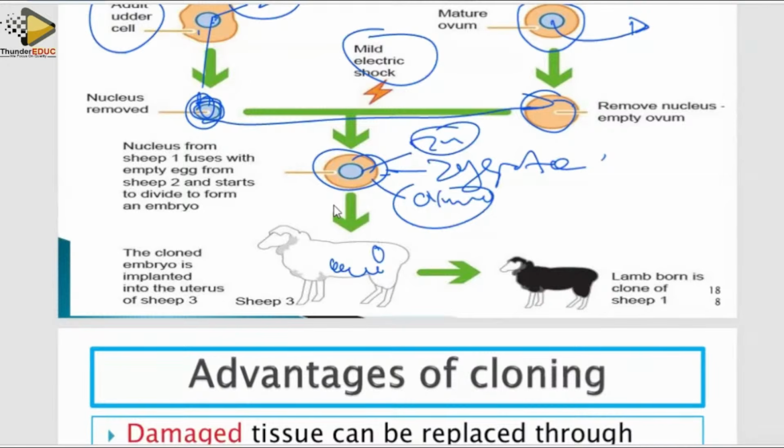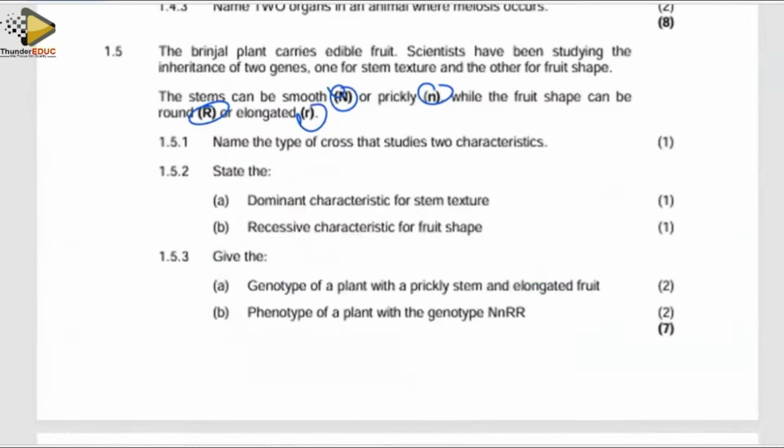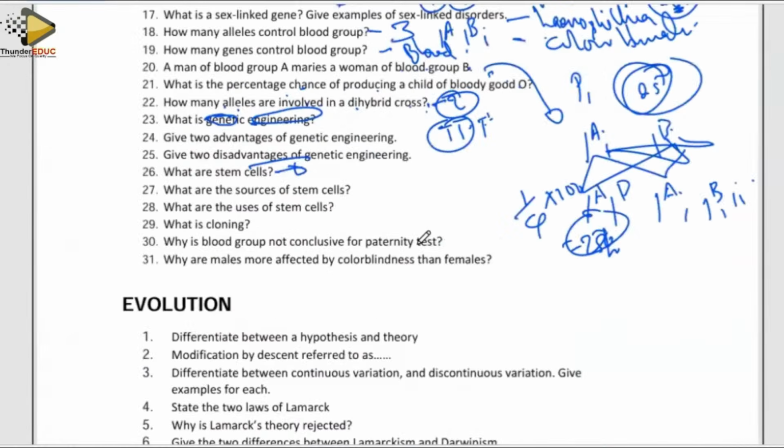Then we get pieces of this embryo and insert them into different sheep. Each is going to become a sheep with the same genetic material as the original sheep. That's how it's being done.